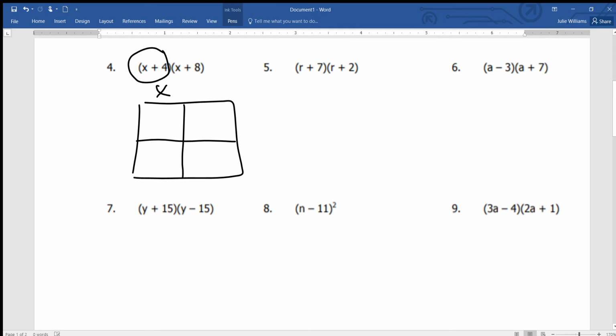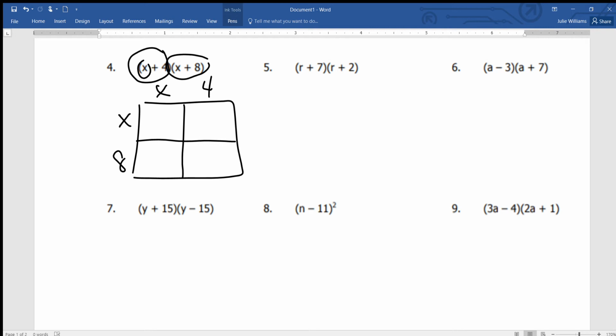The second term is a positive 4. I'm just going to put 4. You could put a plus 4 if you wanted to. Then the second expression, I'm going to break it up into terms as well. X and 8. By doing it this way, it ensures that you've used the distribution property properly. So you're multiplying every term by every other term in the different expressions.